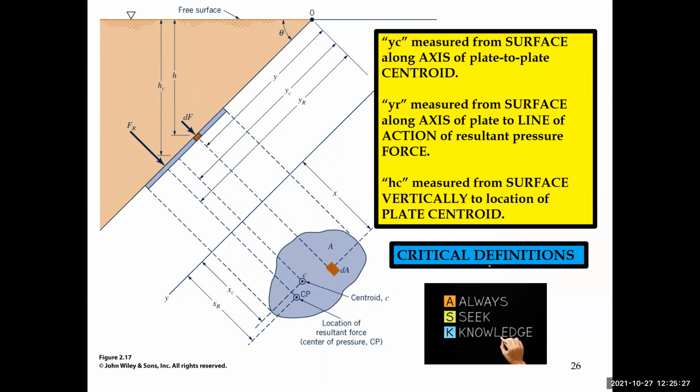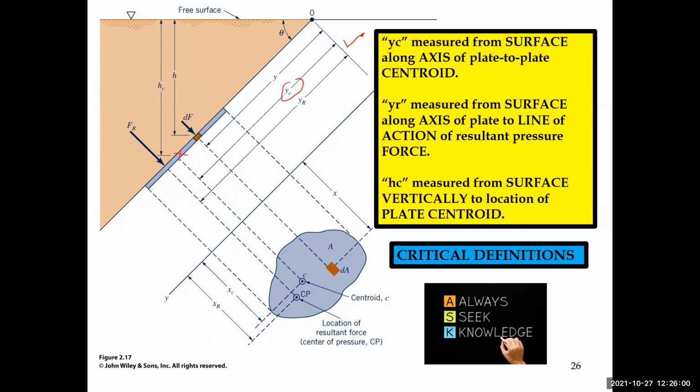The value of y sub c is measured parallel to the plate from the free surface, and it does not matter if this plate is partially submerged or completely submerged, or if there's a volume of water above the plate. Y sub c is always measured from the surface along the axis of the plate to the centroid of the area.